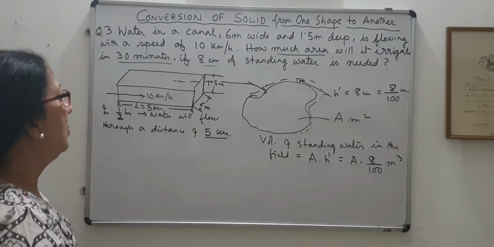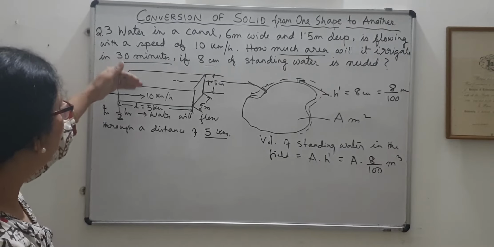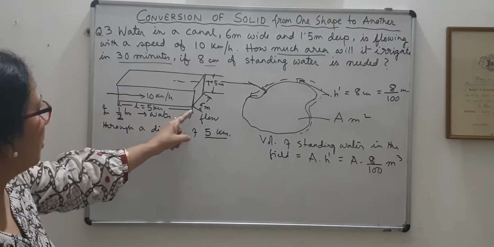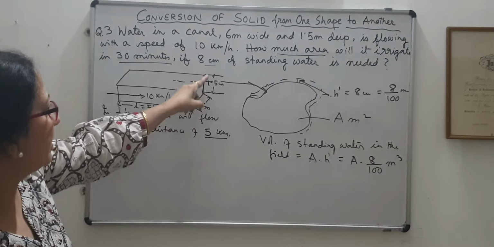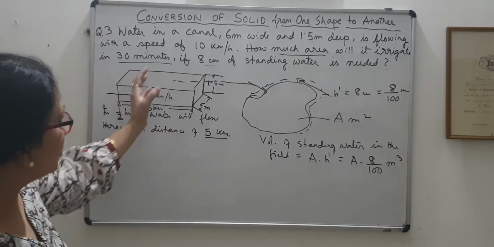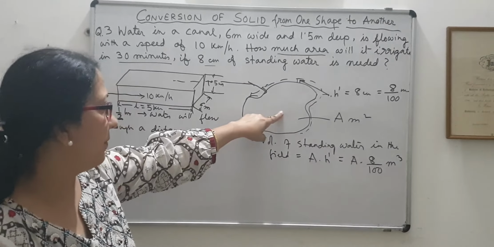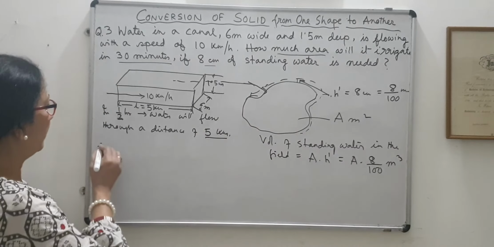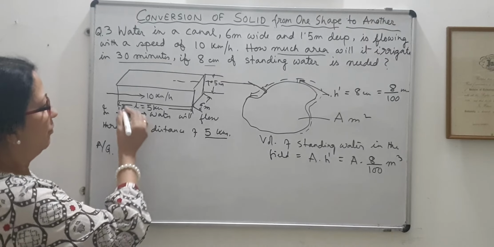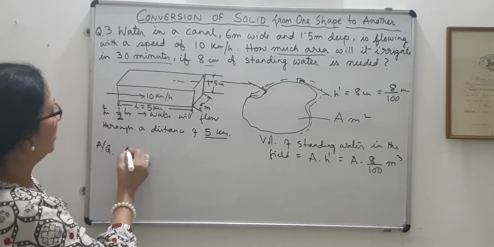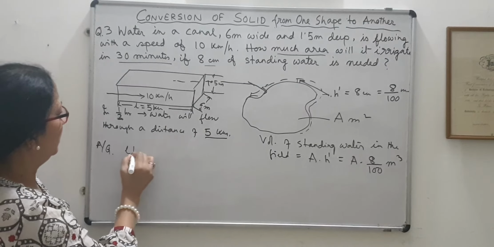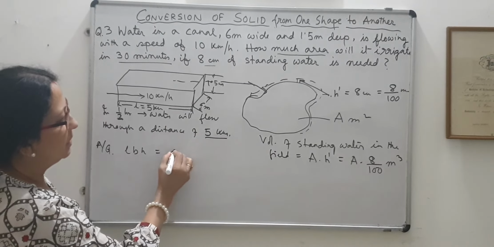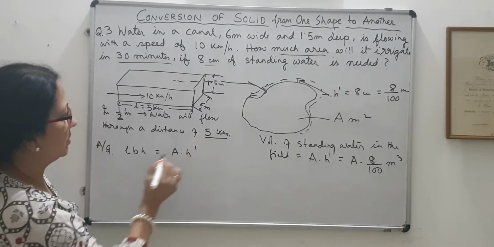So I can assume this length to be 5 kilometers. So the volume of this cuboid, whose length is 5 kilometers, breadth is 6 and height is 1.5, was accumulated in the field. So according to the question, volume of this cuboid, that is length into breadth into height, LBH, will be equal to A into H dash.